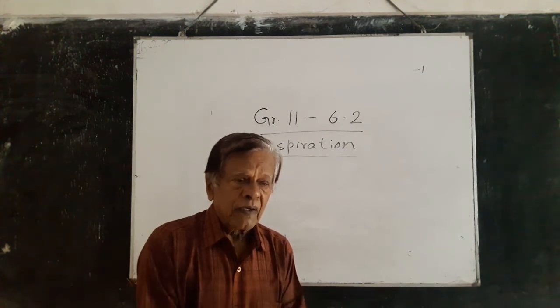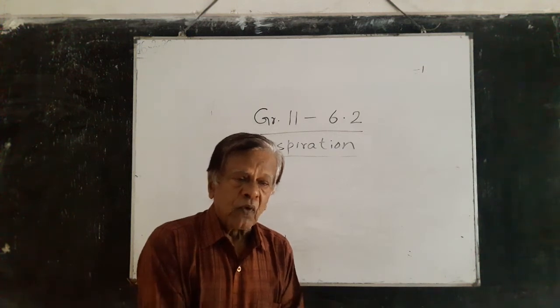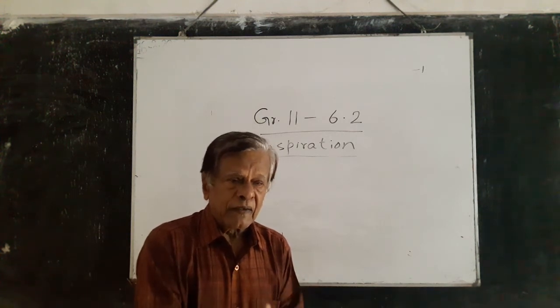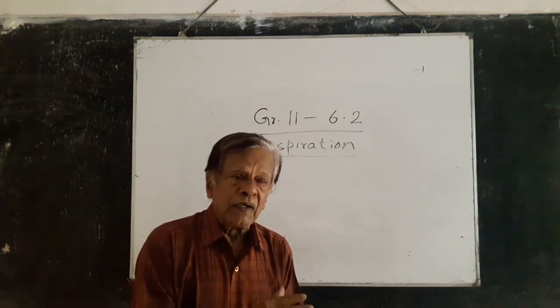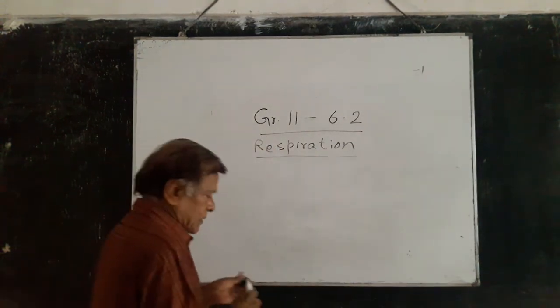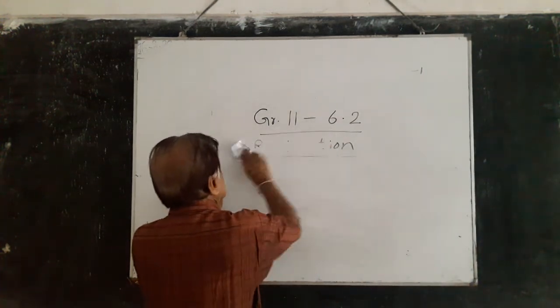But that product is not fully oxidized. So later on, when oxygen supply is good, lactic acid is again converted into carbon dioxide and water. Now this is the respiration process.